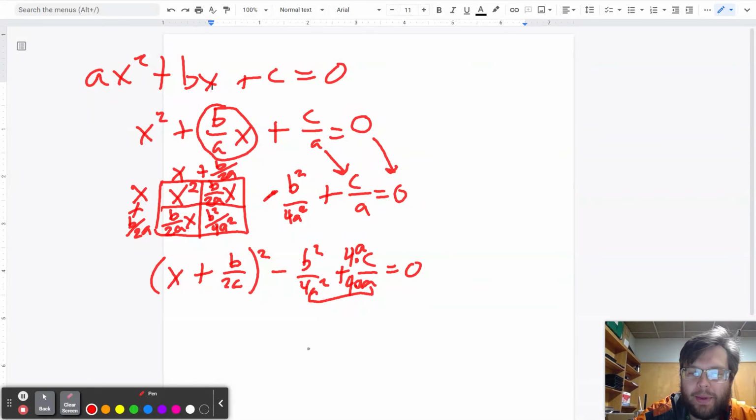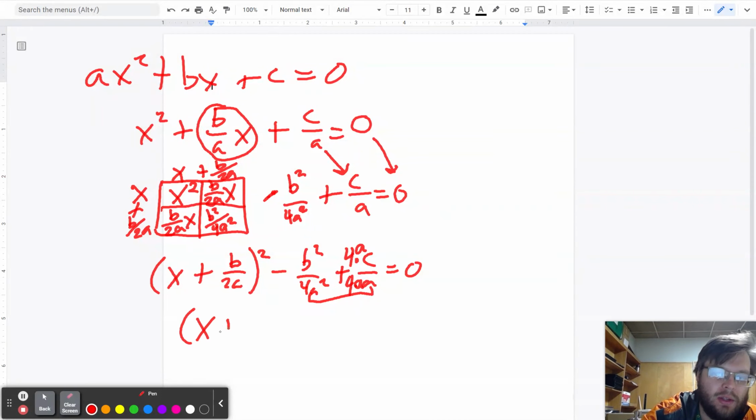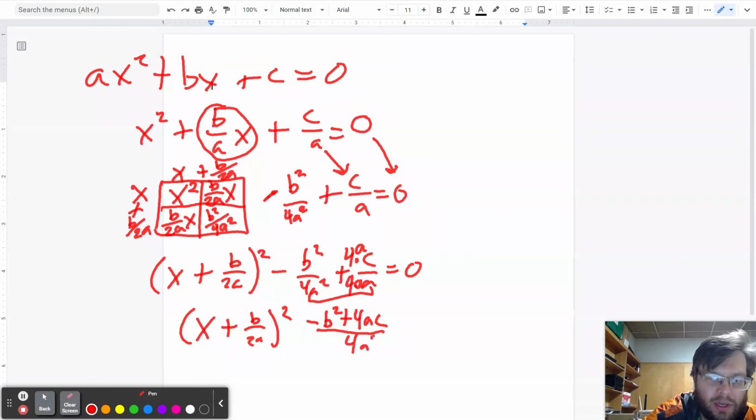If I multiply it by a, it'll have a squared, and if I multiply it by 4, I'll have 4a squared. So I have x plus b over 2a squared, I have negative b squared plus 4ac over 4a squared equals 0. And I have that piece added on here.